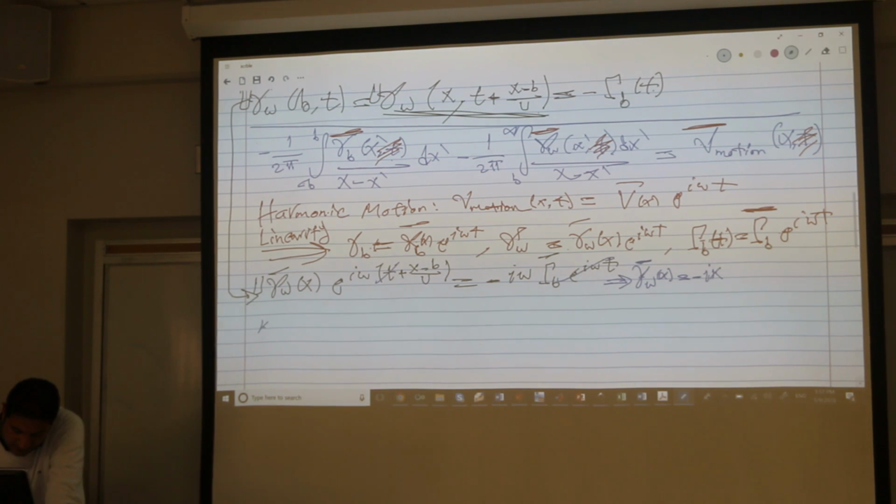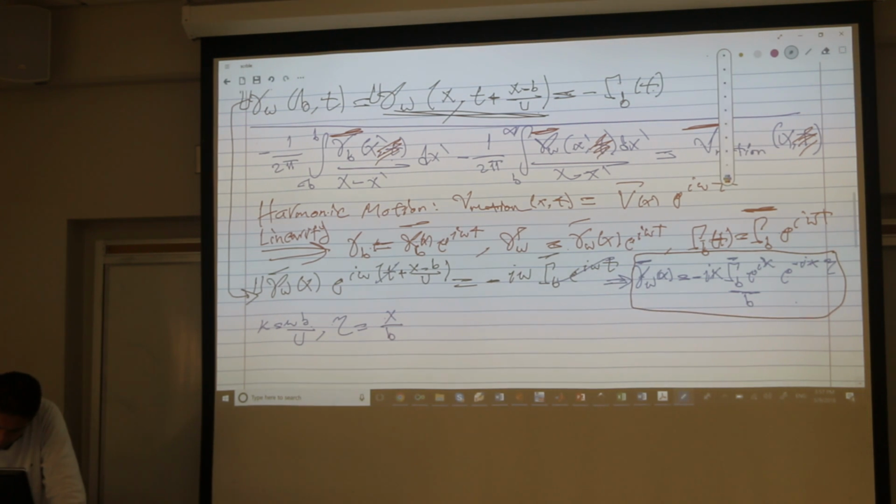Remember, k is omega b over u. i k gamma bar e to the ik, e to the negative ik eta, where eta is x over b. And we have b here. So just to lump things together, this is your equation, we're done.